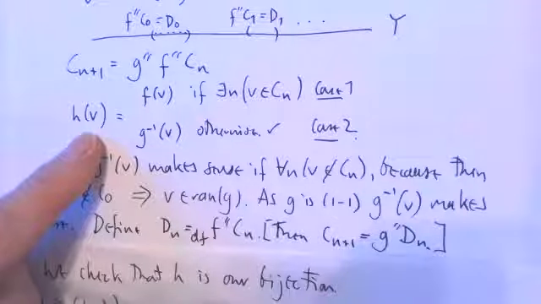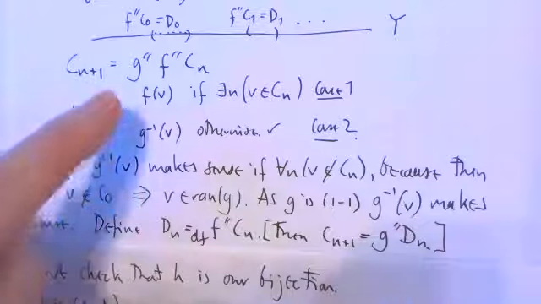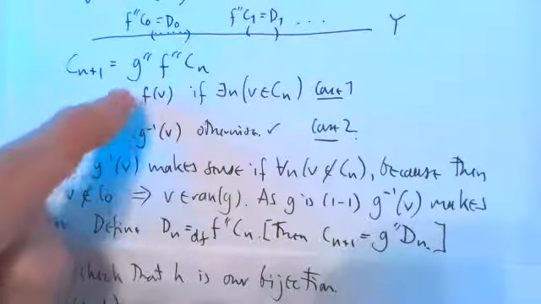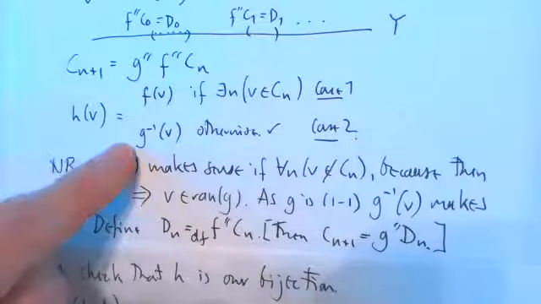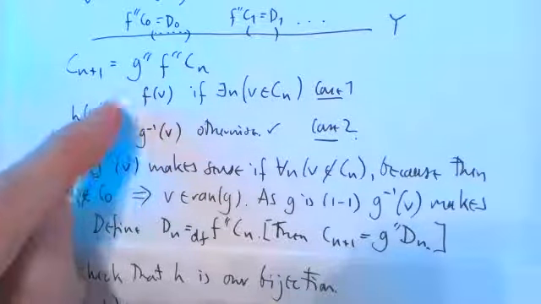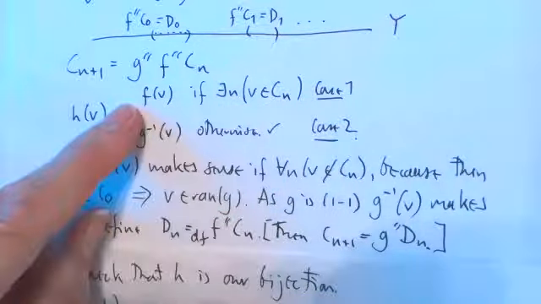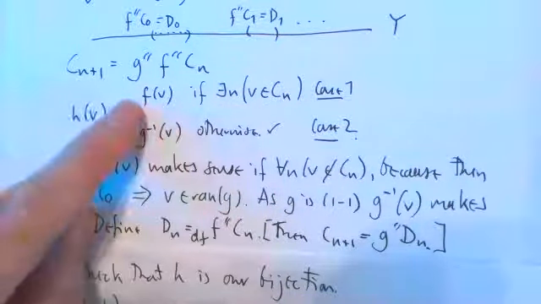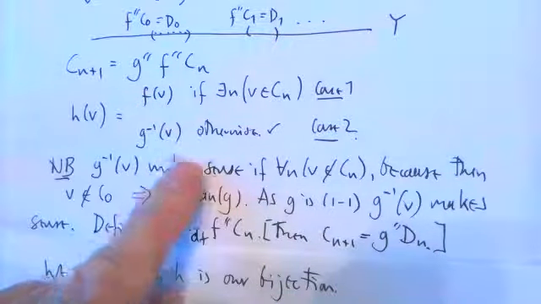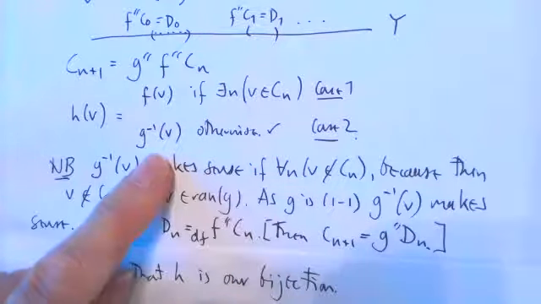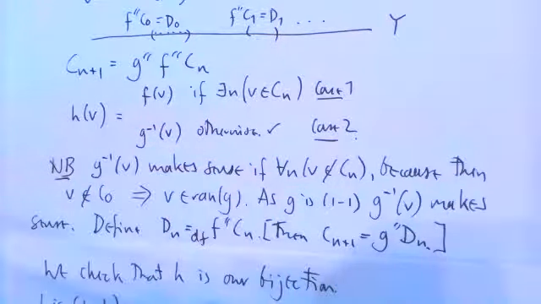That won't happen if h of u and h of v are defined through the same case. If both u and v are in one of the CNs, we're going to apply f to u and f to v, and f is one-to-one, so that won't send them into the same place. And likewise, if u and v are not in any of the CNs, we'll apply case 2 to them, and g to the minus 1 is one-to-one.